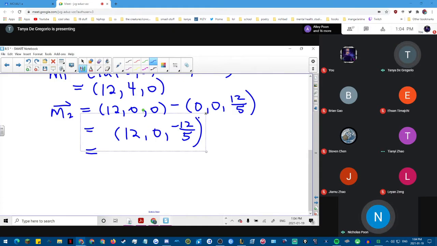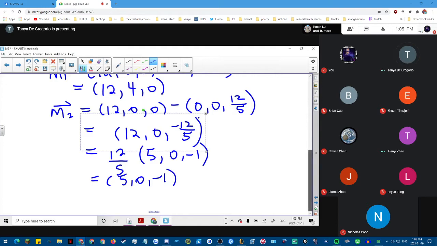And then divide by 12 as well. So it's like you're factoring out 12 over 5, right? Because they have a common factor of 12 in there. And so then what I would be left with is, okay, all right, so my direction vector that I'm using is this.